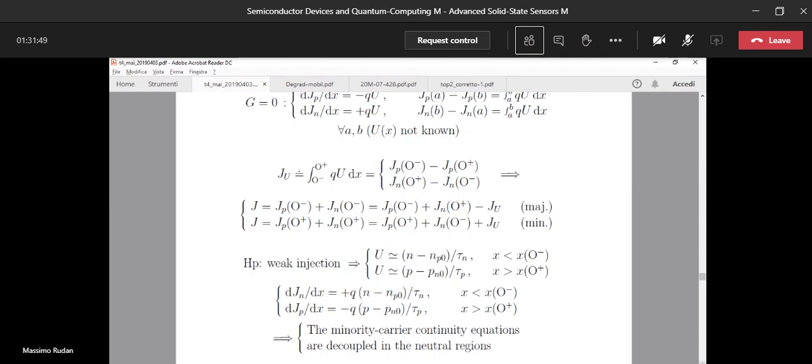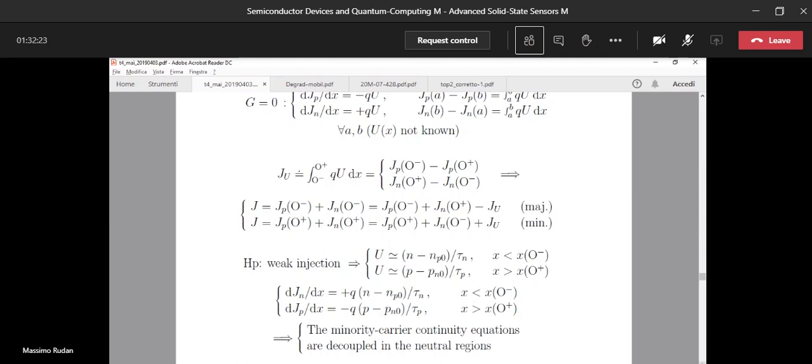Similarly, in the neutral region on the right of the n-type, the continuity equation for the minority carriers, that are in this case the holes, is also decoupled because it depends only on Jp and p. So this is the fundamental advantage of using the minority carriers in the analysis of the p-n junction, okay?